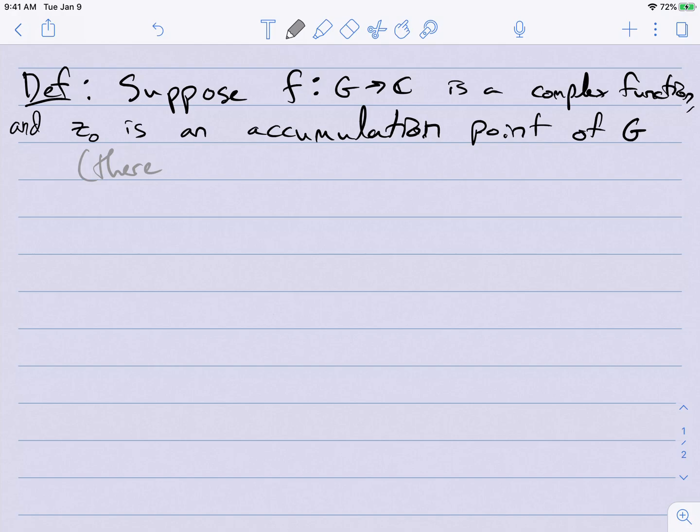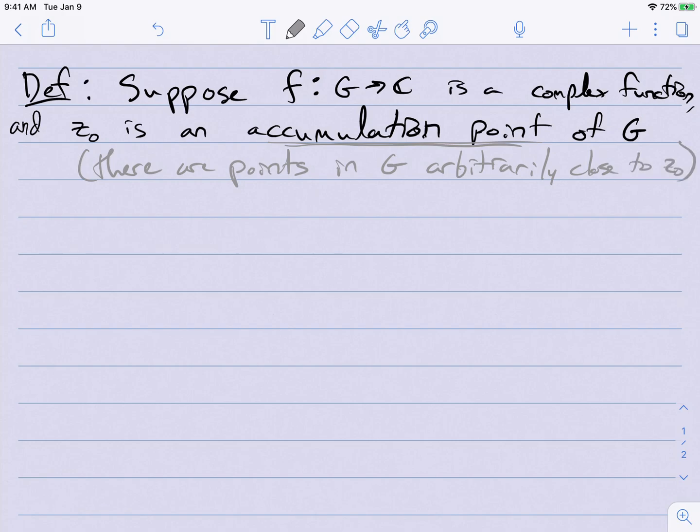Being an accumulation point means there are points in G as close as you want to this z naught.